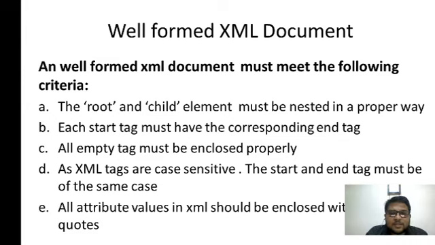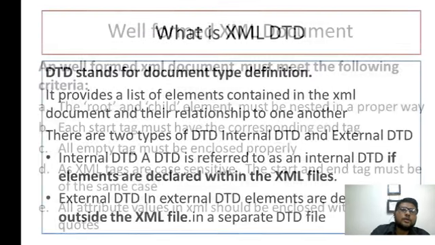Since XML is a case sensitive language, the start tag and the end tag must be of the same case. All attribute values in XML should be enclosed within double quotes. I have explained that also. This is very important. These are the 5 points that you have to remember for a well-formed XML document.